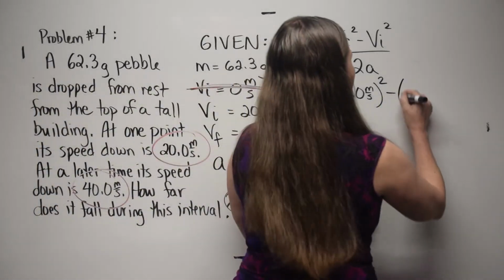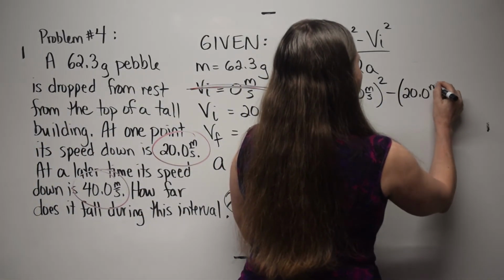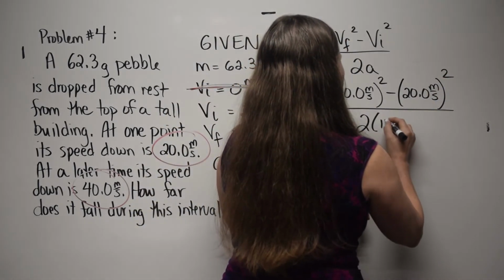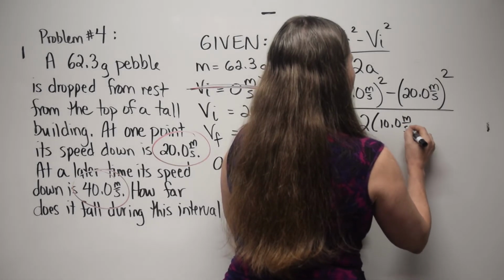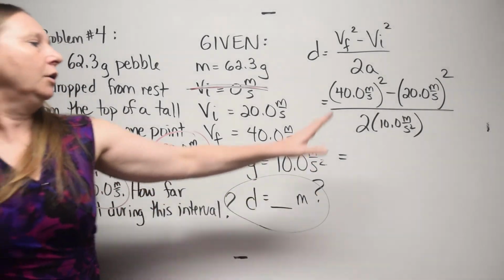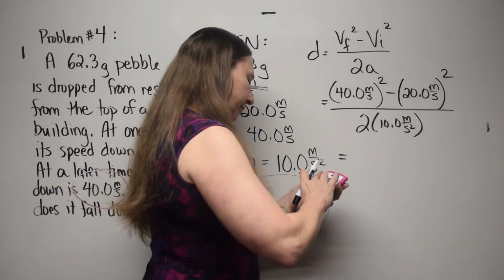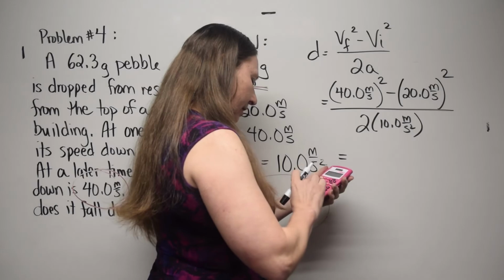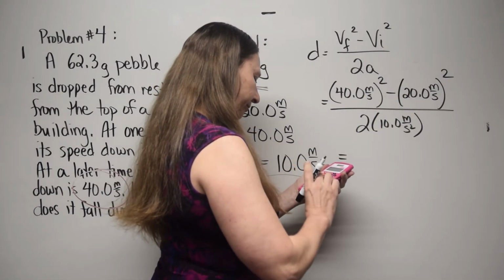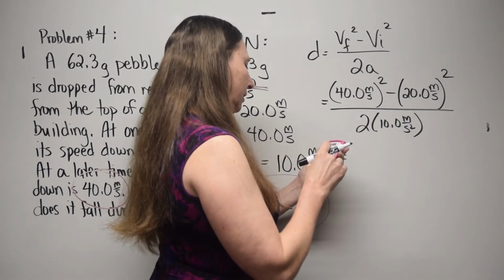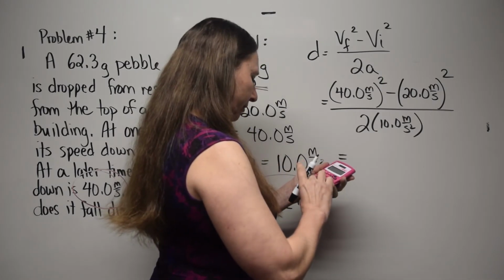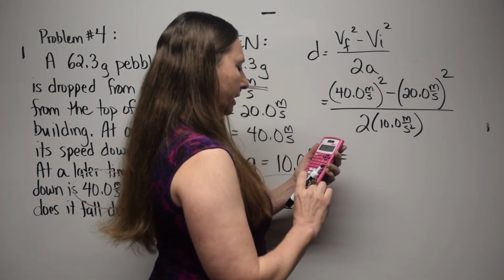V initial, 20 meters per second. That whole thing gets squared. 2 times A, 10 meters per second squared. So what we've got, 40 squared is 1,600, minus 20 squared is 400. So we've got 1,200 divided by 20, and that's 60.